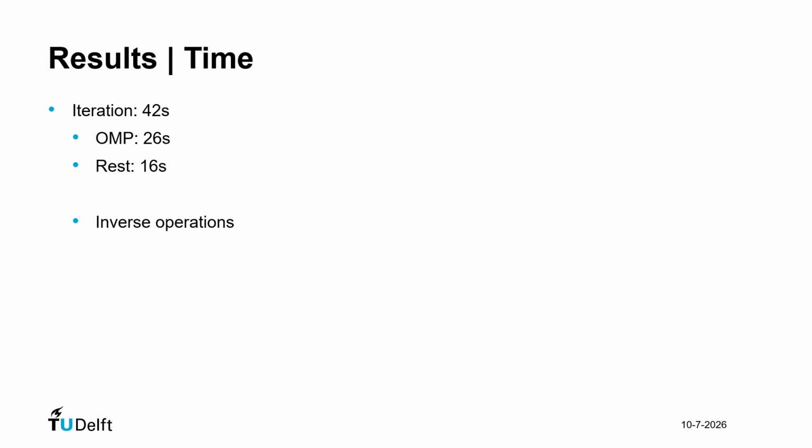This means that the computation is very heavy on the OMP side, which is expected since it is using a lot of inverse operations. Actually, it is using multiple inverse operations for each block inside of the image, which results in this high computing time.